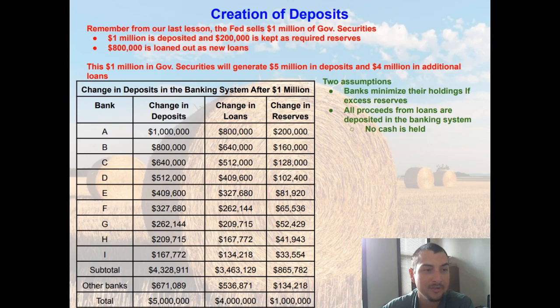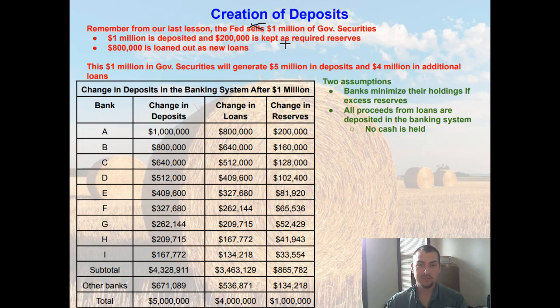So we're going to use that same example where the Fed, we said that was incorrect, is actually buying $1 million worth of government securities. They're giving money to the citizens, to the customers who held the government securities.